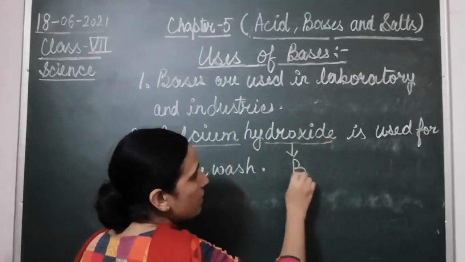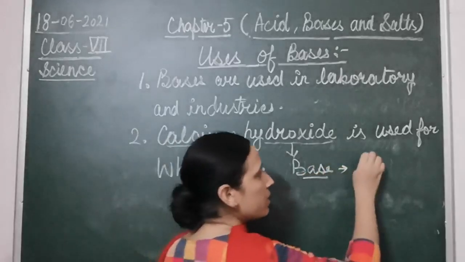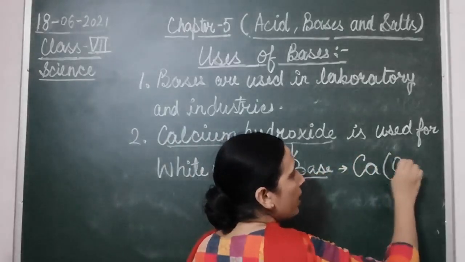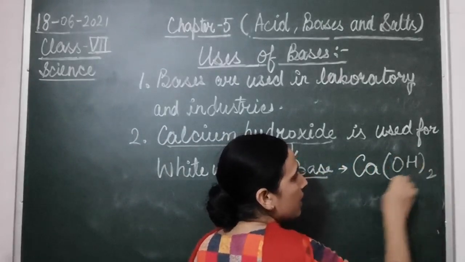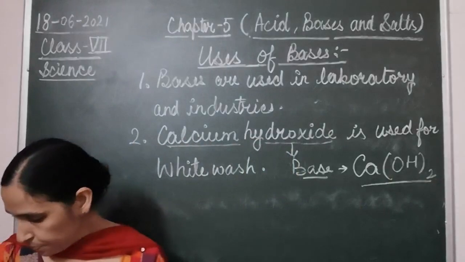If you want to remember the formula, the chemical formula of calcium hydroxide is Ca(OH) twice.